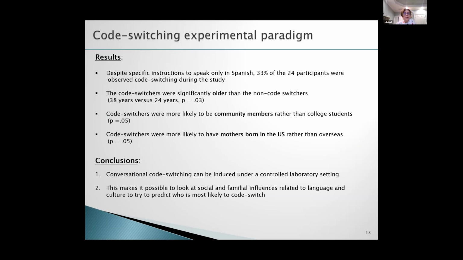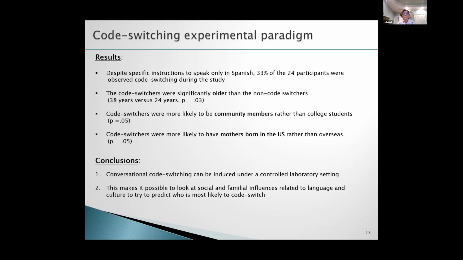The people who were more likely to do it were members of the community, so slightly older participants, with an average age of about 38 years old, and also people whose mother was born in the United States. So we found in the initial study that, yes, it was possible to produce code switching in the lab, as a result of an experimenter walking into the room who only speaks English.